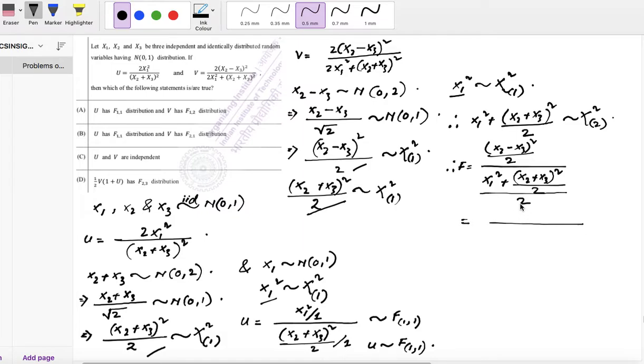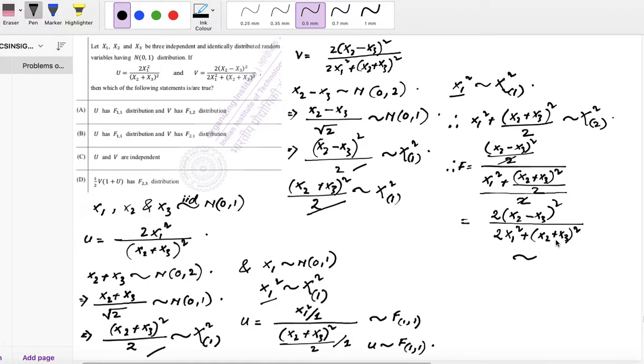Then these 2 and these 2 get cancelled out, so what we have is x2 minus x3 whole square, and if we take LCM of this one and this one as 2, the 2 will appear in the numerator, and this would be x1 square plus x2 plus x3 whole square.